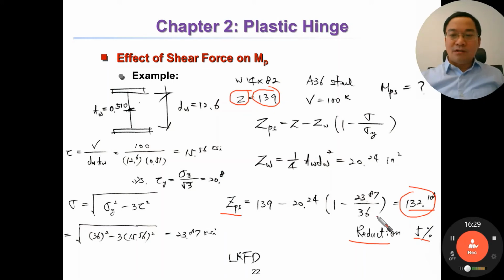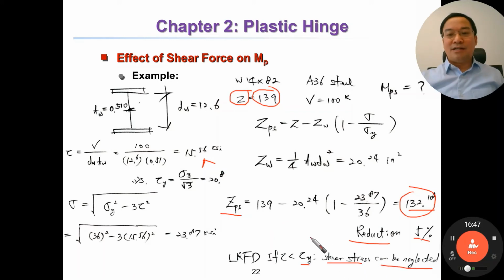So because the reduction is very small, then in LRFD, if tau smaller than tau y, okay, tau smaller than tau y, then shear stress can be neglected.